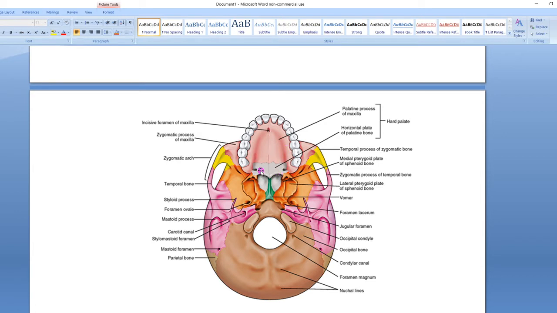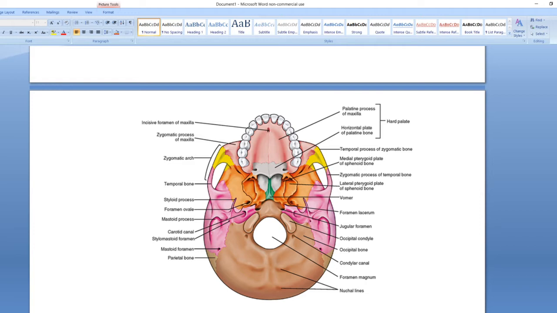But then on the back part is a different bone. It's this whitish bone. And that whitish bone is your palatine bones. So your palatine bones are going to make up the back portion of the roof of your mouth. The rest of it is your maxilla.